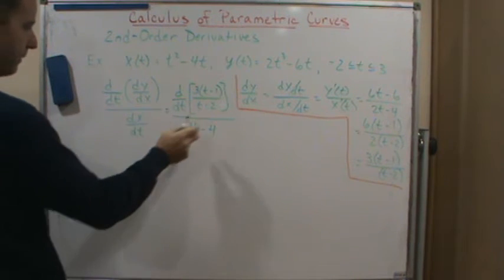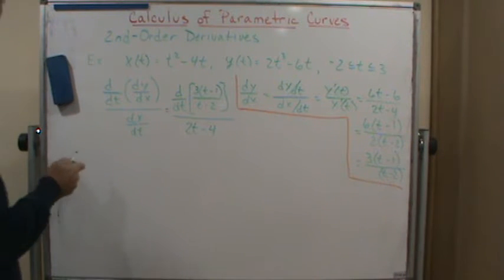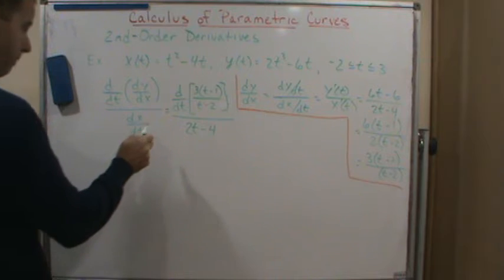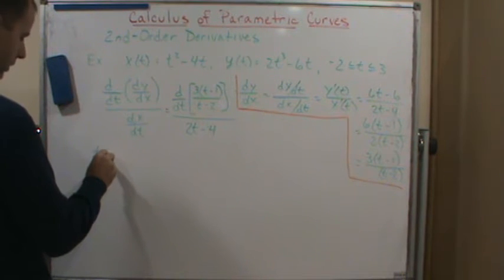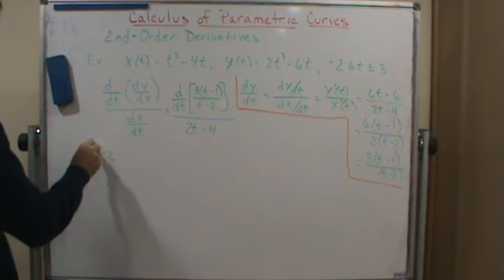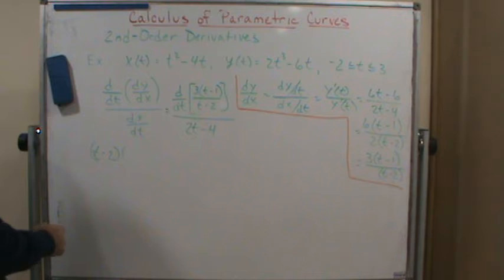So that means I'm going to have to use the quotient rule. Don't forget the quotient rule: low d high minus high d low over low squared. So it's going to be (t minus 2) times the derivative of the top.